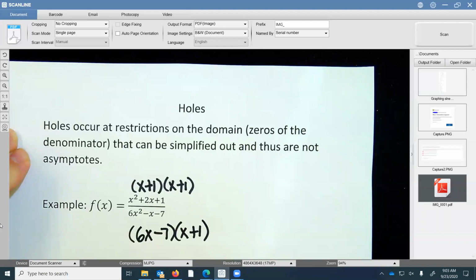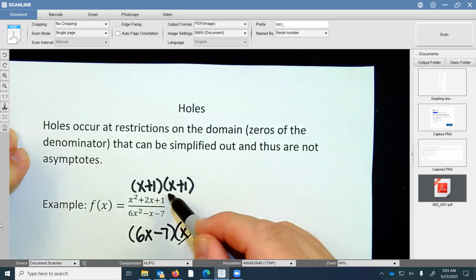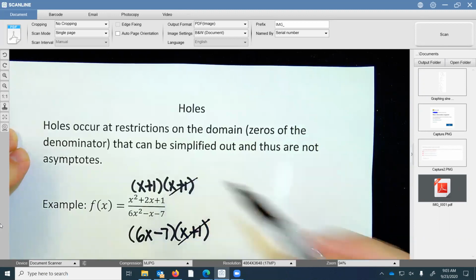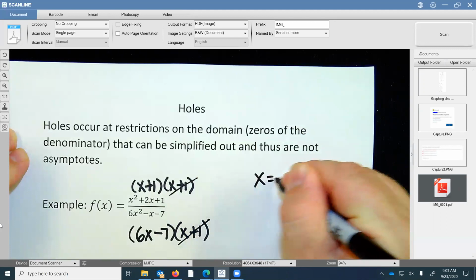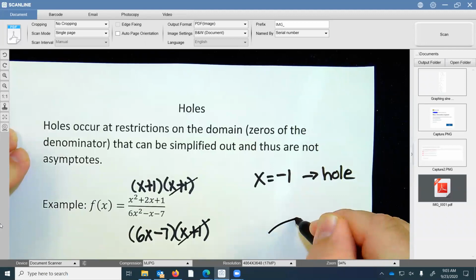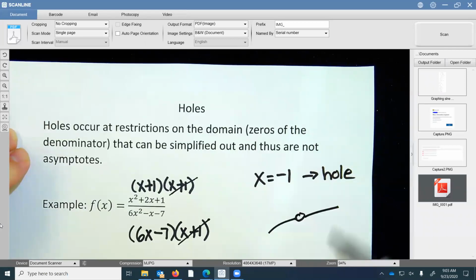Now, this plus 1 here and this plus 1 here can cancel each other out. So at x equals -1, it's a hole. It's not a vertical asymptote, it's a hole. Literally, the function will go to that point, there will be an open circle, and then it'll go on. It cannot equal anything at that point, but it's not a vertical asymptote.